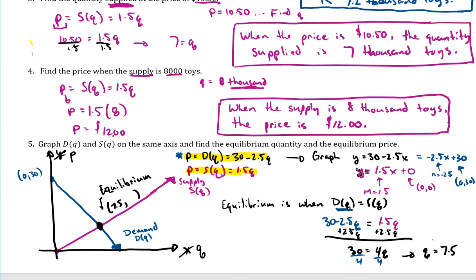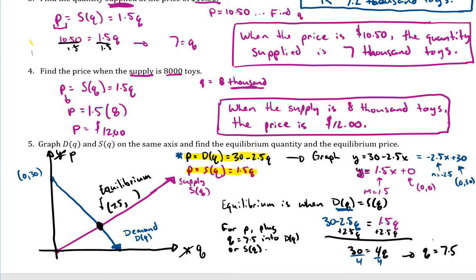To get it, I can just plug it into either of those equations. So for P, we're going to plug Q equals 7.5 into either one, so into D of Q or S of Q.